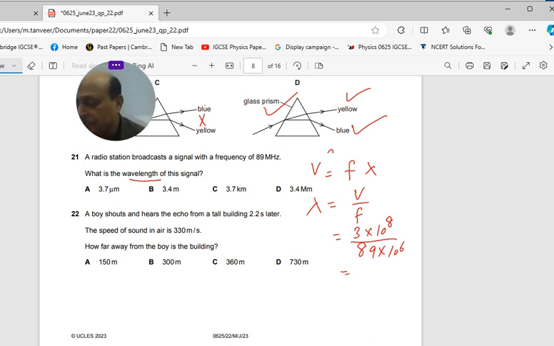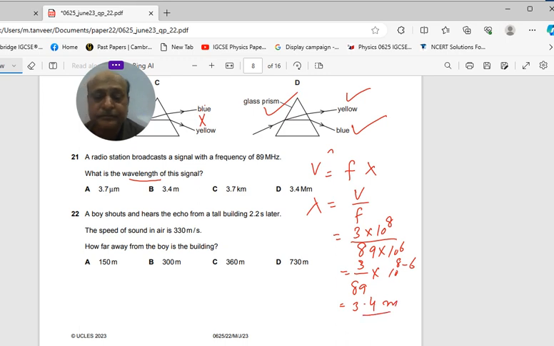You have to just divide it and you can get its answer, that is 3.4 meter, since you can write 3 divided by 89 multiplied by 10 to the power 8 minus 6, that is 3.4 meter only.